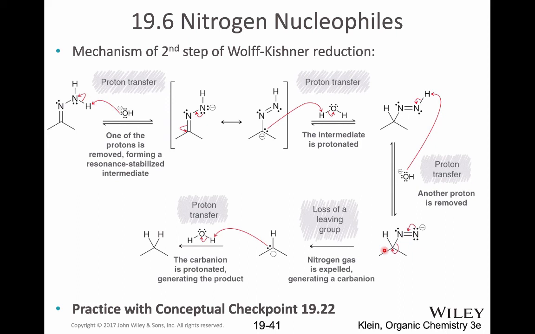Again, Le Chatelier's principle rears its head to allow you to do this. If I'm losing this nitrogen gas, the reaction is going to push itself this way. This is super, super basic. That's going to remove the proton from a molecule of water to regenerate your hydroxide and give you the reduced carbonyl compound.